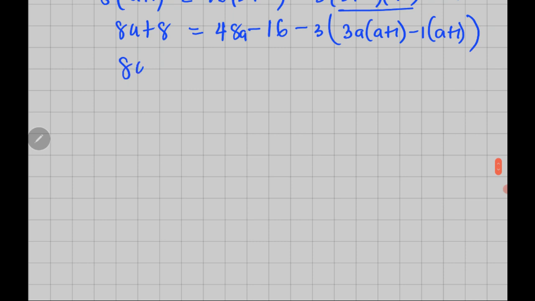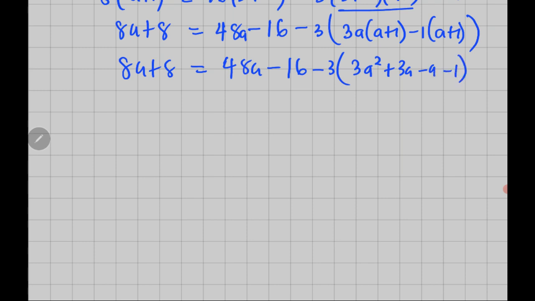So we get 8a plus 8 is equal to 48a minus 16 minus 3. Let's solve what is in the fraction. So it becomes 3a squared. 3a times 1 becomes 3a. Minus 1 times a becomes minus a. Minus 1 times 1 is minus 1. Now 8a plus 8 is equal to 48a minus 16 minus 3 times the bracket.